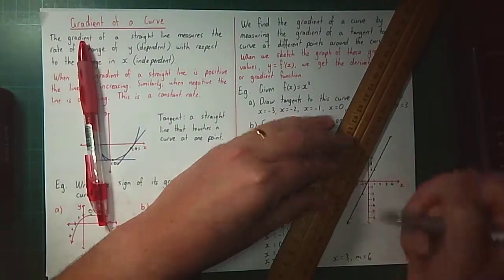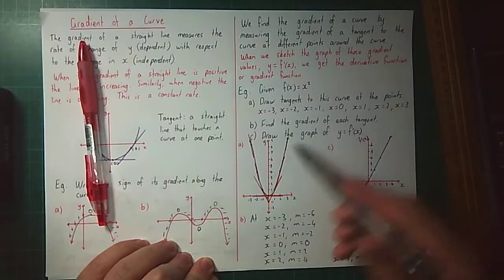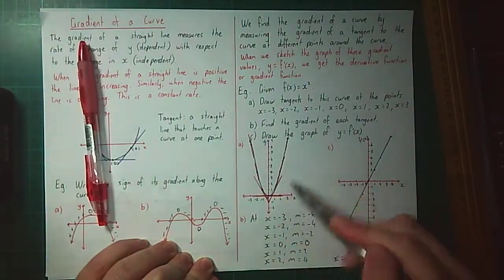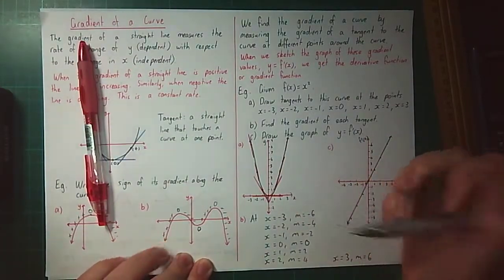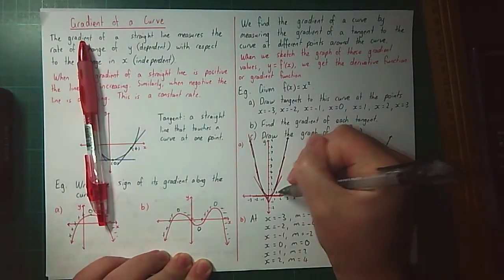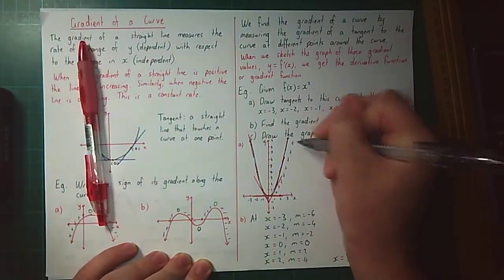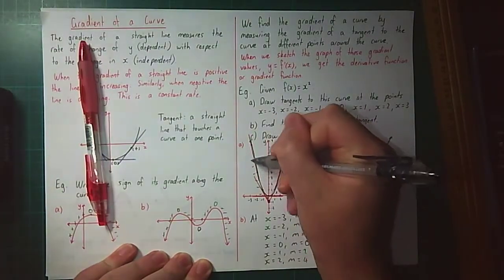Now, essentially what this is, it's a visual representation of the gradients of all the possible tangents on this curve. Okay, so as we're in this side, we'll have a positive gradient, just like we said in the previous example. Here we have a 0 gradient, and here we've got a negative gradient.